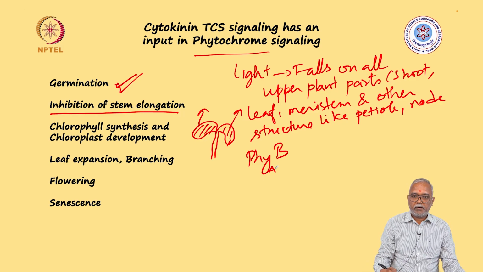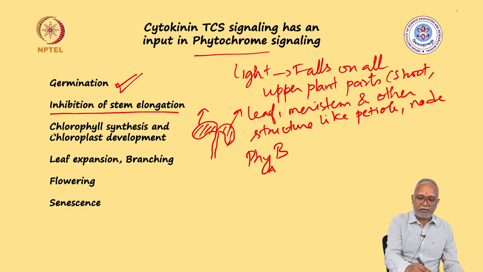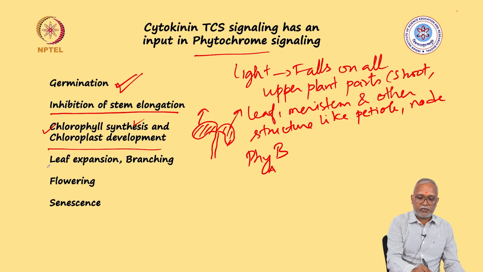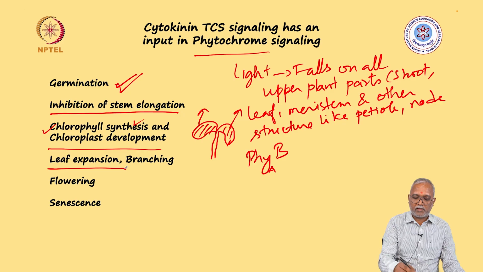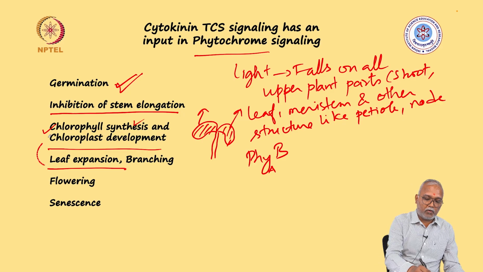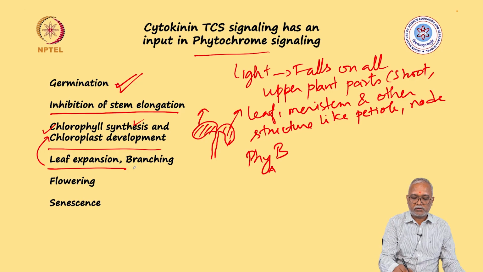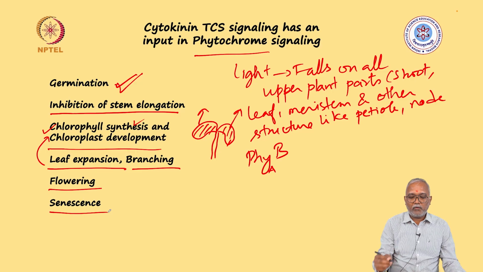Also, you need more and more leaves to have these chlorophyll. So, whether it is chlorophyll synthesis or the chloroplast development in the mature form, so that it can do the photosynthesis, phytochrome B is mediating that. Similarly, if you think about the leaf expansion, so that this will be coupled with more and more chloroplast being enriched over there, whether it is shoot branching, whether it is flowering or senescence, all will be mediated by the phytochrome signaling.